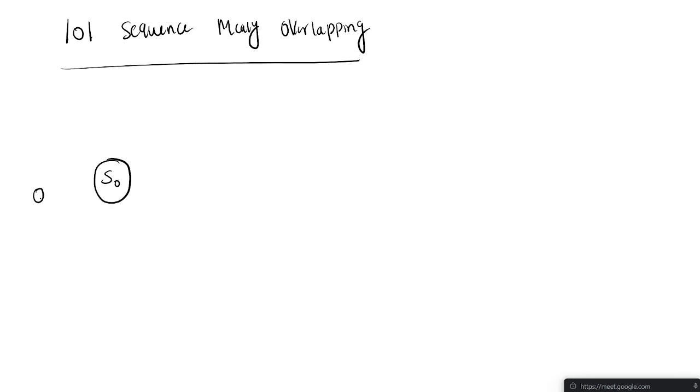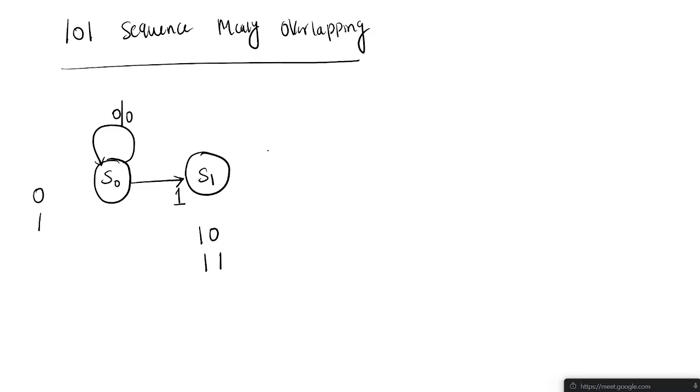You can expect either 0 or 1, no? If it is 0, it will be in the same state. If it is 1, it will go to the next state, that is S1. This is 1. After that you can expect 1 0 or 1 1.